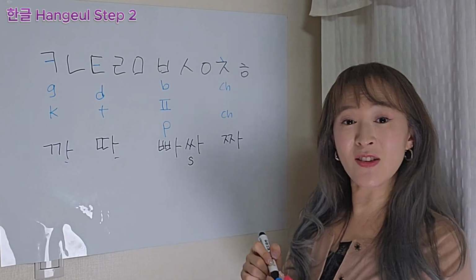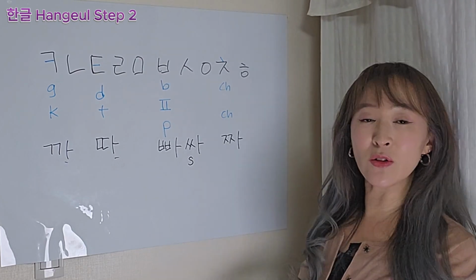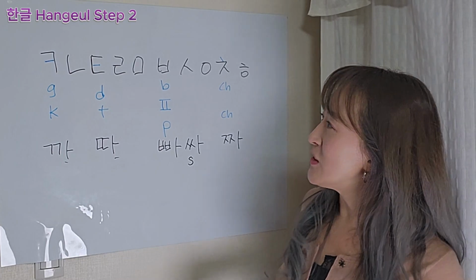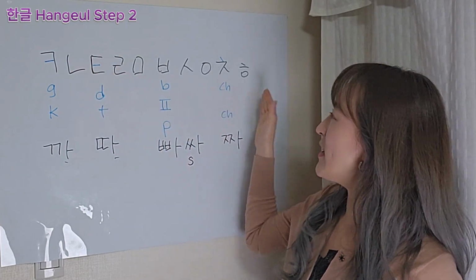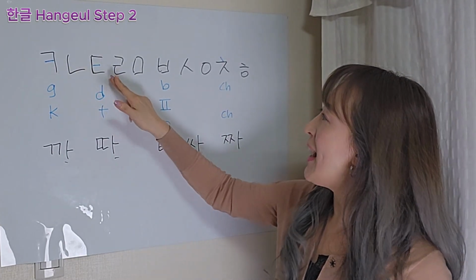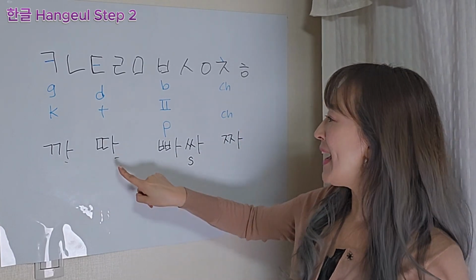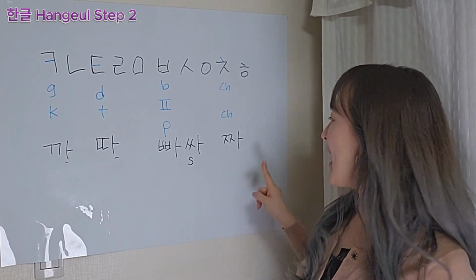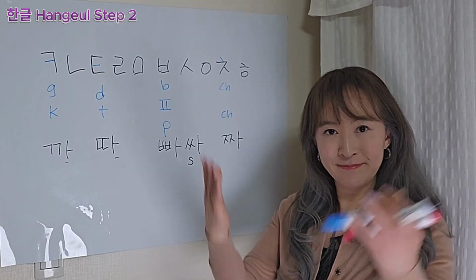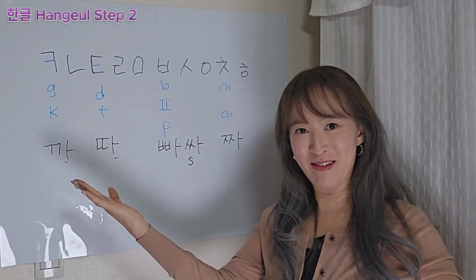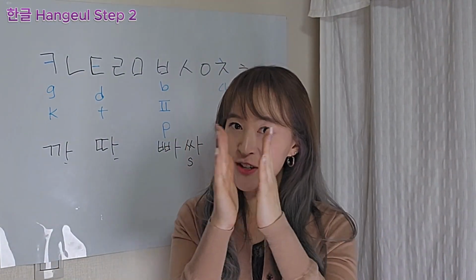So these are the consonants of today. We learned 9 more, right? So these are stronger ones. Ka, ta, pa, cha, and ga, da, ba, sa, ja. Voila, we're done already. Wow, good job.